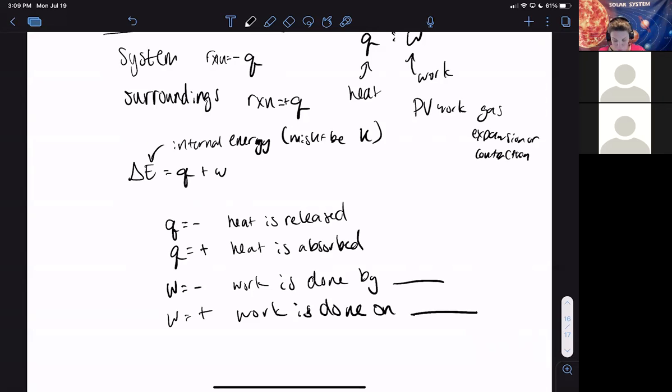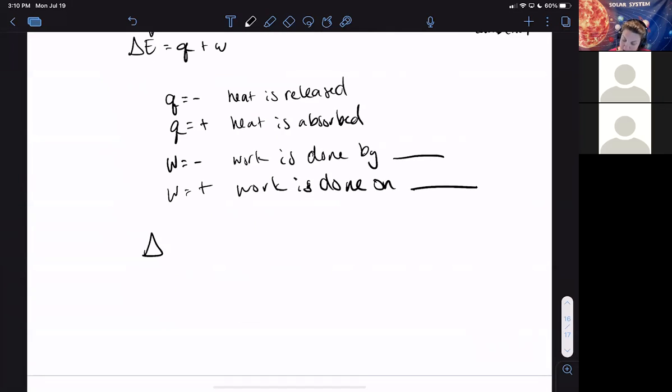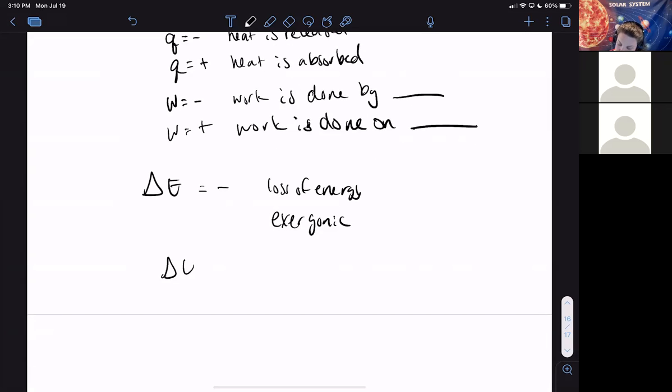Then if delta E is negative, that means either our Q or our W, our heat or our work, was negative and more negative than the other one, or both of them were negative. So it's an overall loss of energy, and we call this exergonic. If our delta E is positive, it's an overall gain of energy, either through work, heat, or a combination of both.